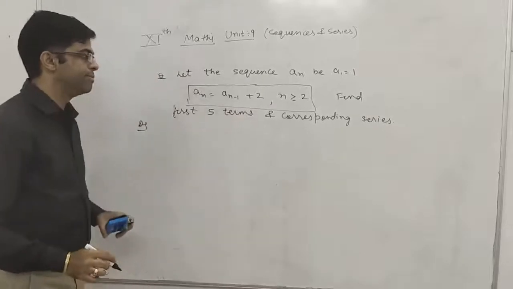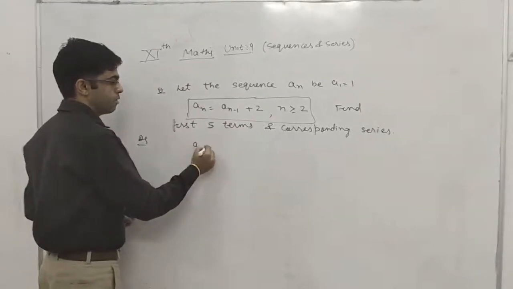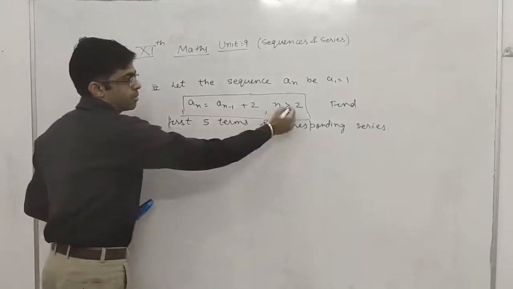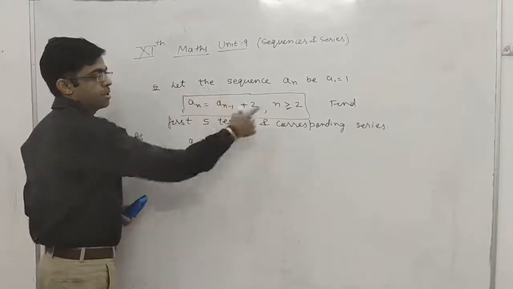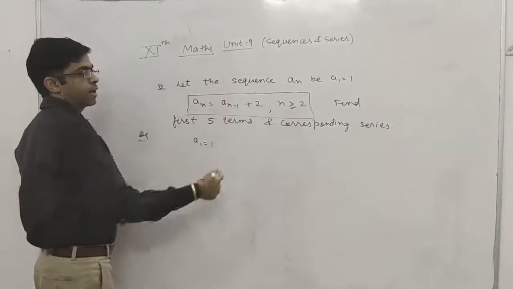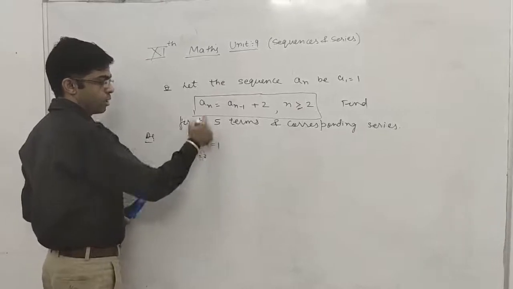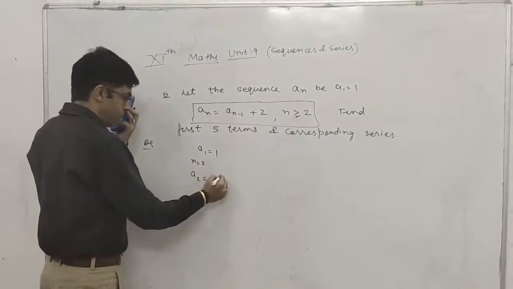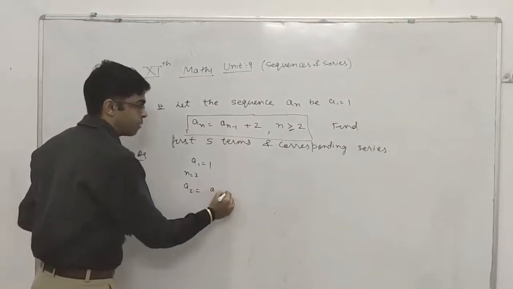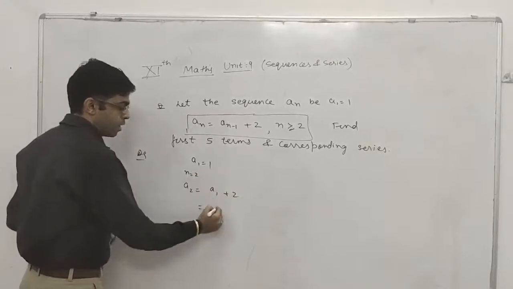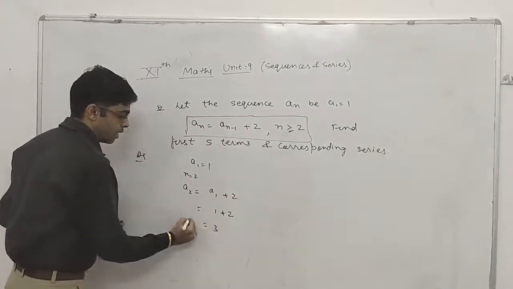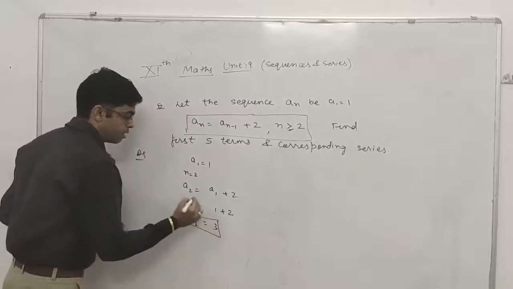So the first term is 1, and for the second term this applies for n equals 2 and greater. So put n equals 2: a2 is a2 minus 1, which is 1, plus 2, and the first term is already 1. So the second term we find is 3.